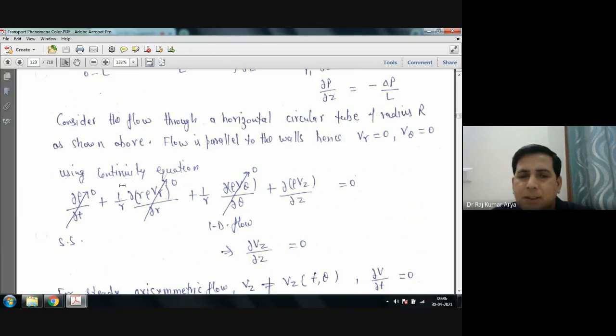So by putting all these constants, V r equal to 0, V theta equal to 0, from here it's coming that del V z upon del z equals 0. It means that V z is not a function of z. Or you can put a constraint from your side that it is fully developed flow in the z direction. From there also you will get del V z upon del z equal to 0.